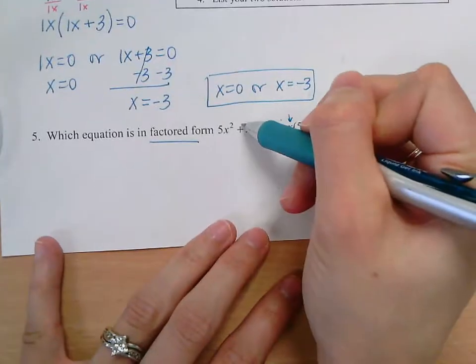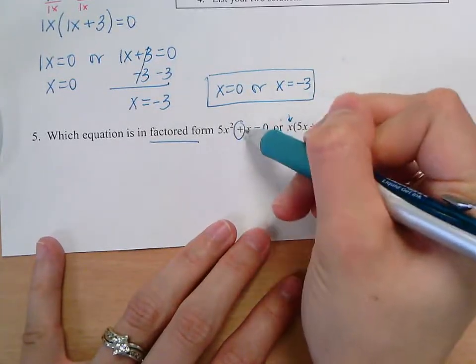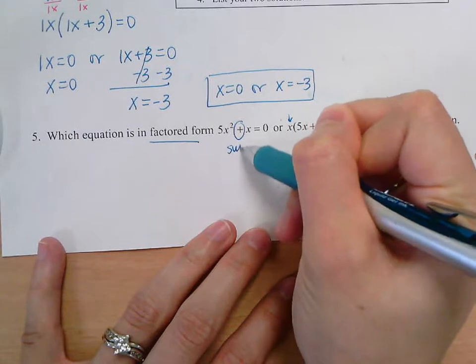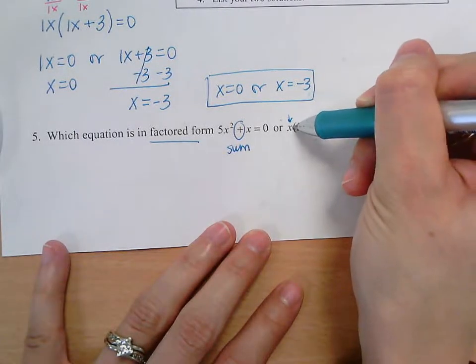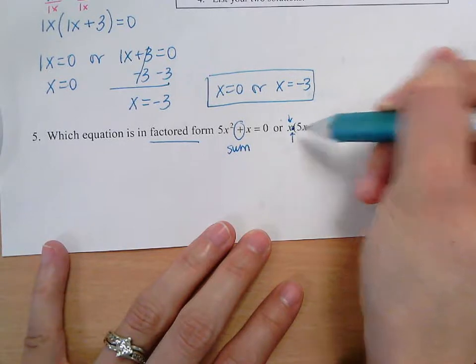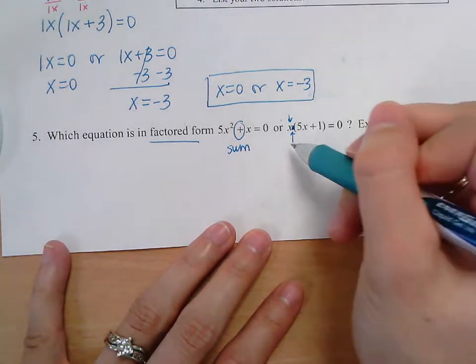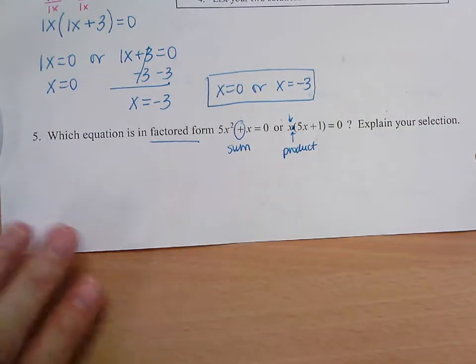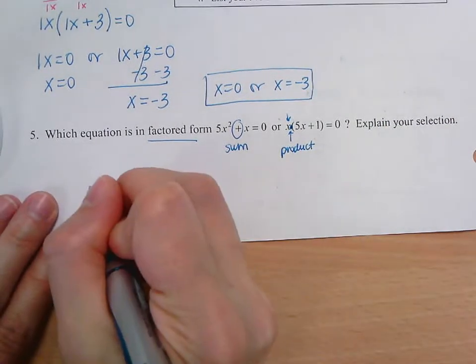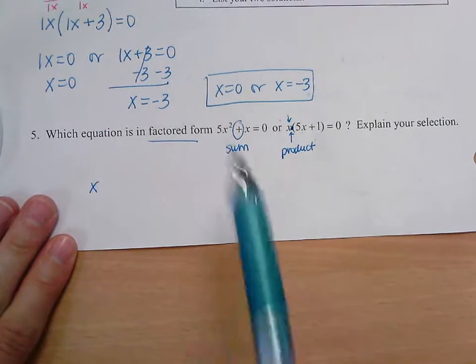Here, these two terms are being added together. This is a sum. Here, there is multiplication between the x and the 5x plus 1. That is a product. So which one is factored? But the way Nick explained it is right.